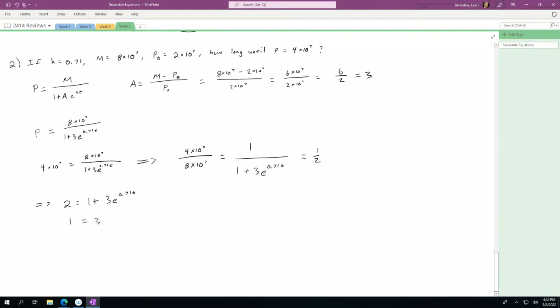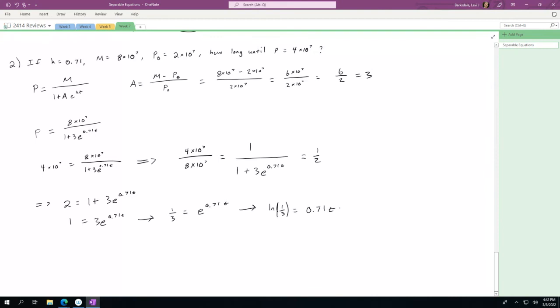So 1 is equal to 3e to the 0.71 t, which tells me then that 1/3 is equal to e to the 0.71 t. Now if I take the natural log of each side, I have that the natural log of 1 over 3 is equal to 0.71 t.